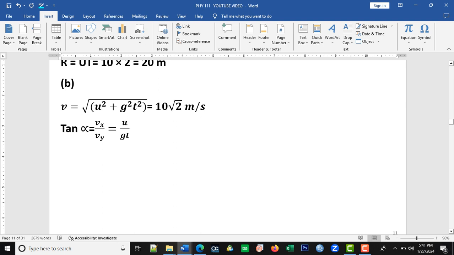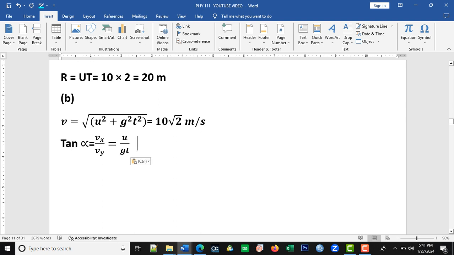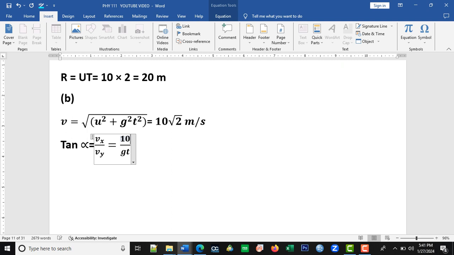Already we were able to solve for Vx, which was u, which is 10. And our gt was 10 times 1, which was still 10, so Vy is 10. 10 divided by 10 gives us 1. So tan alpha is equal to 1.